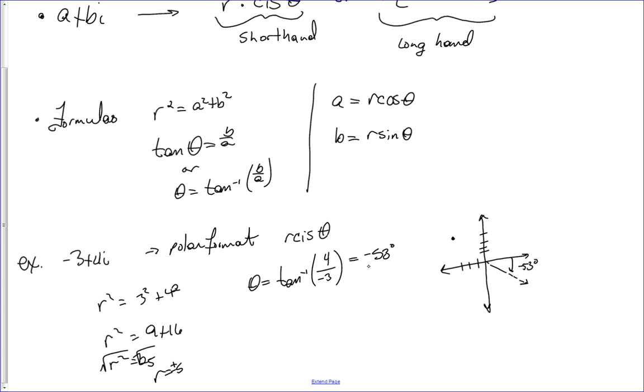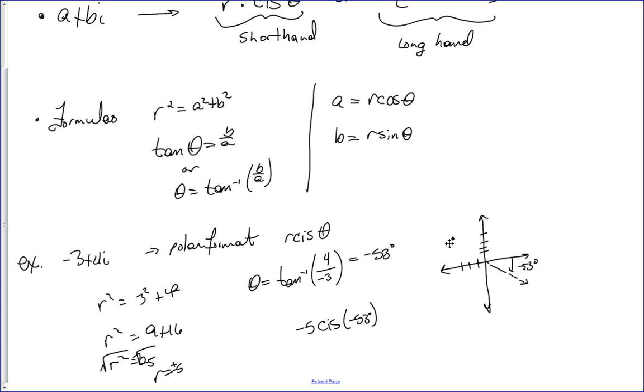If we want to use the negative 53 as is, which is completely okay, we're going to have to use the negative 5 in order to get to our point. Remember, just like when we were taking rectangular coordinates and converting them to polar, you always want to check your angle and your radius to make sure what you write will actually hit the point that you were given.